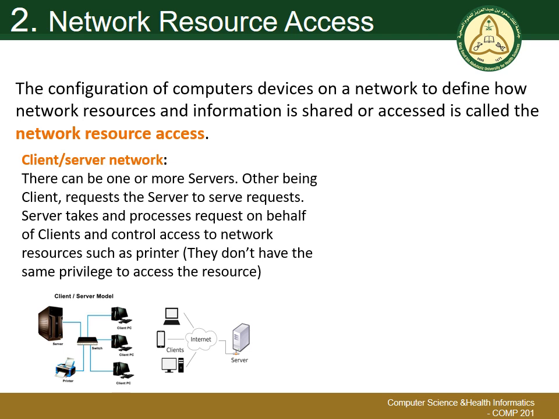If this guy is trying to access the printer again, he has to go through the server. If he has the right to print, then he can print. So based on their rights, they can access those resources or not. That's the main idea of having a client-server network.